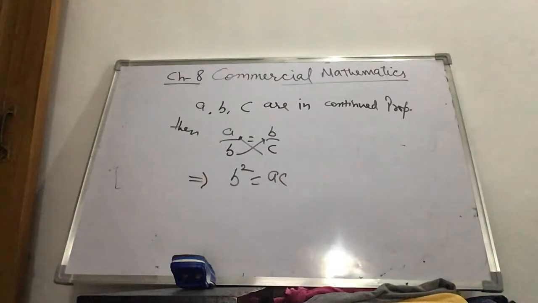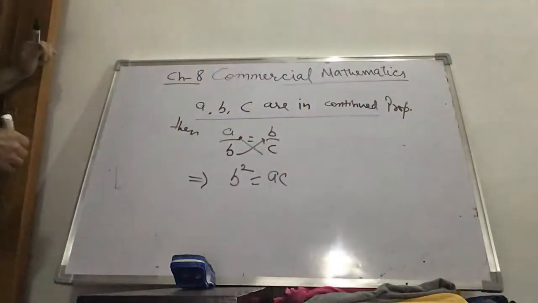B square is equal to AC, or vice versa. B is called the mean proportion, that means the middle term. And C is called the third proportion.